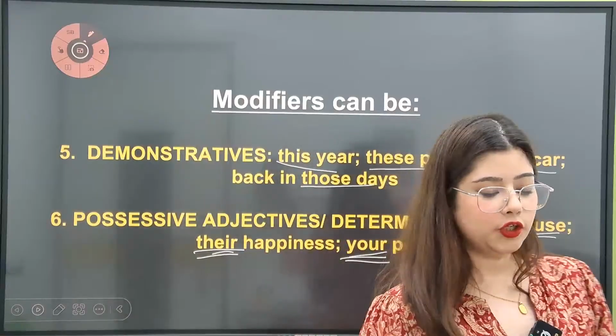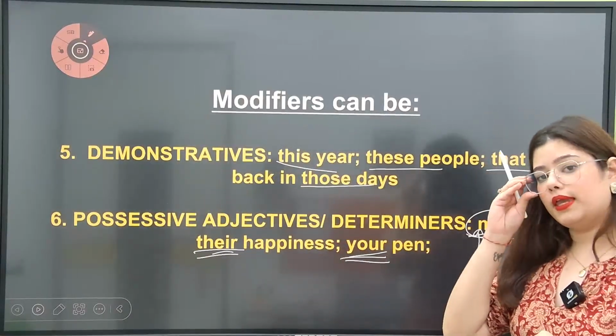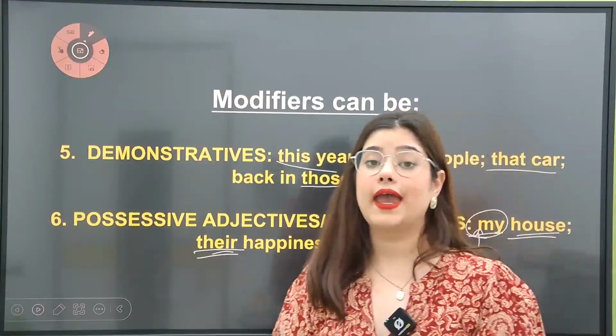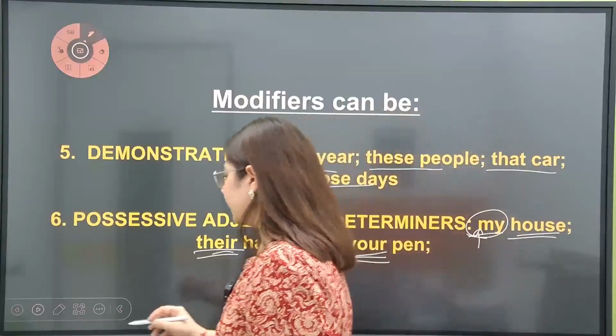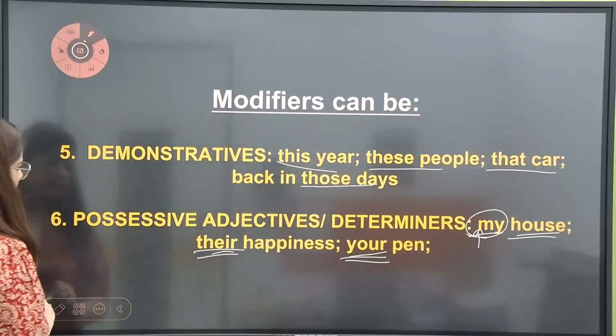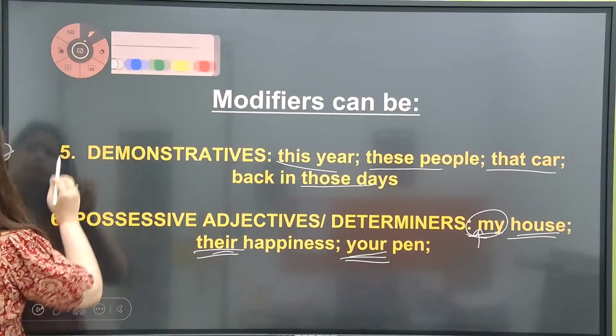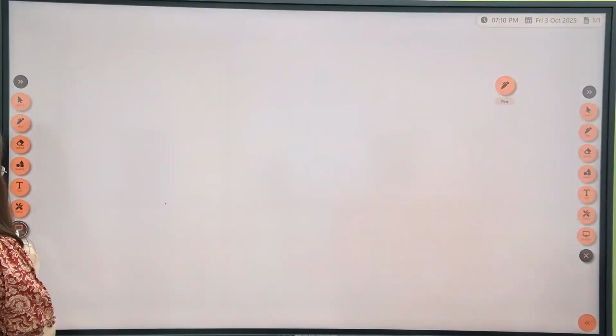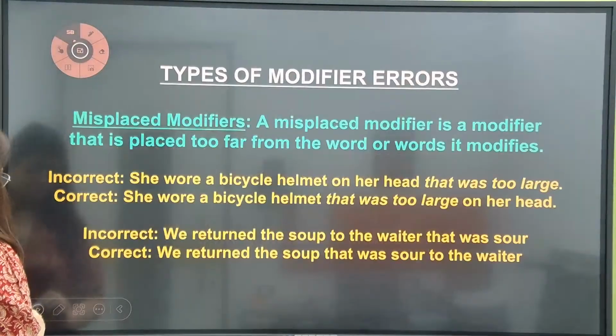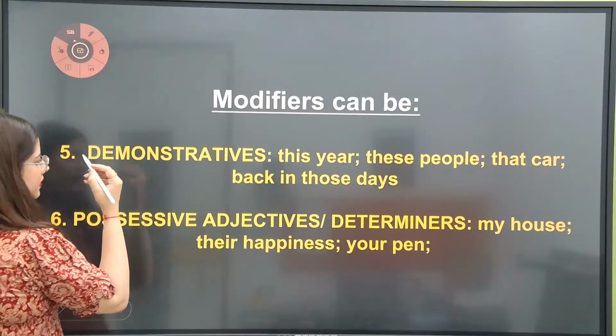Now we need to understand what do we mean by modifier errors. First thing that we always need to remember, right? What is it?